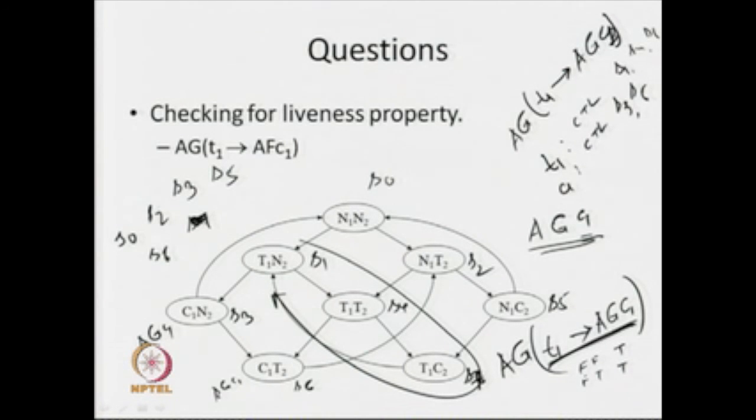We must know the truth values of each and every sub formula. So, in our model checking algorithm, we are going to look at each and every sub formula first. Once that is done, then we will look at the main formula. Okay.